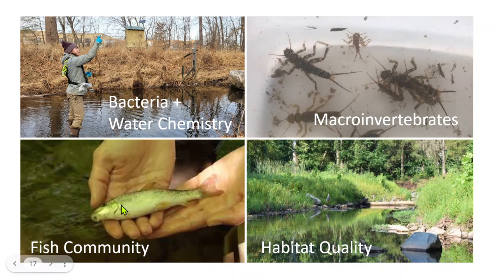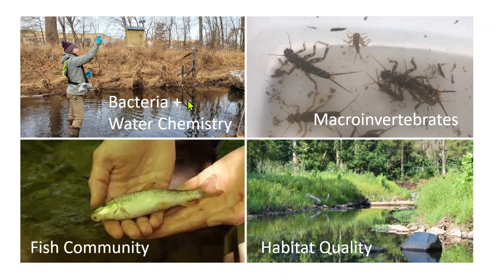We also know that the fish community that is alive and well in our streams can be an indicator of how healthy our water is. And we can check the habitat all around the water as well. So looking at those riverbanks and making sure they're not too terribly eroded to make sure that the entire habitat is healthy.